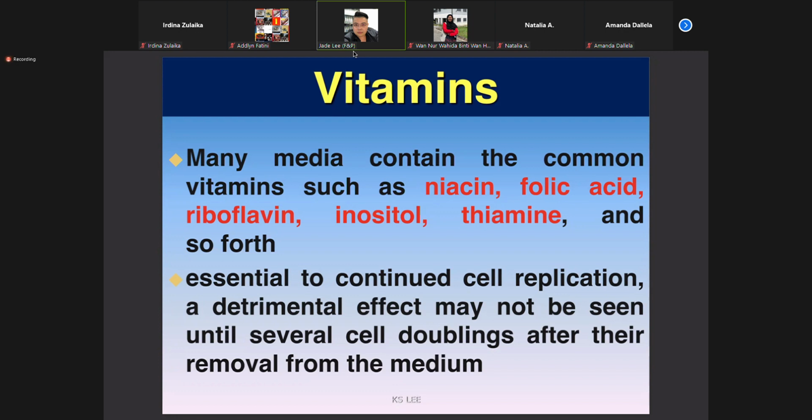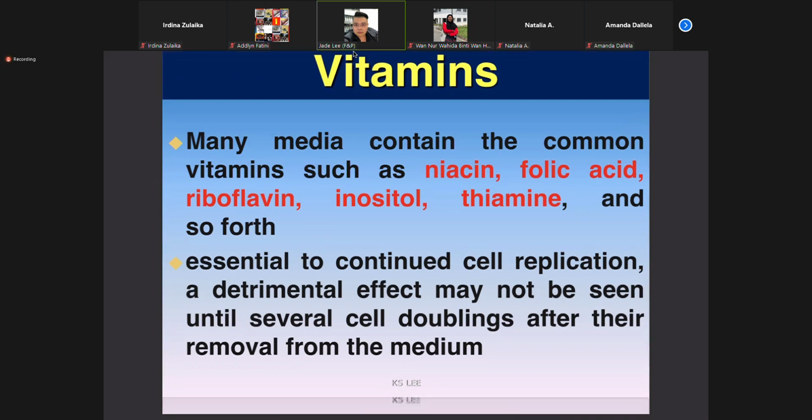All right, probably at the very beginning when you remove this specific vitamin, you might not notice the effect, but after a few cell doublings, then you can see the effect. Okay, probably the cell doubling time or cell replication is getting slow because of the absence of this specific vitamin.